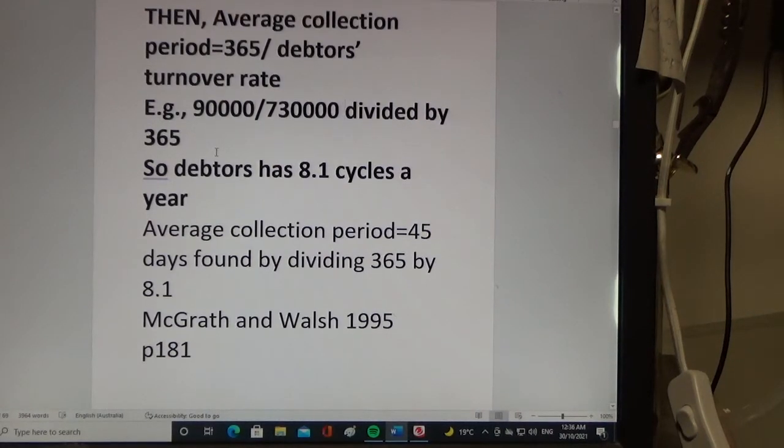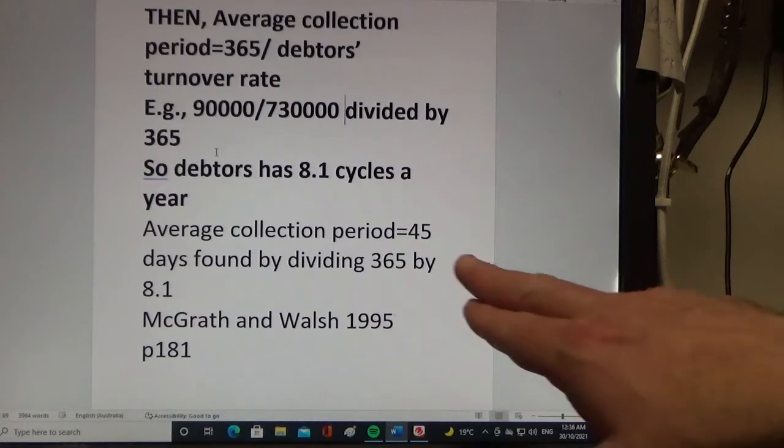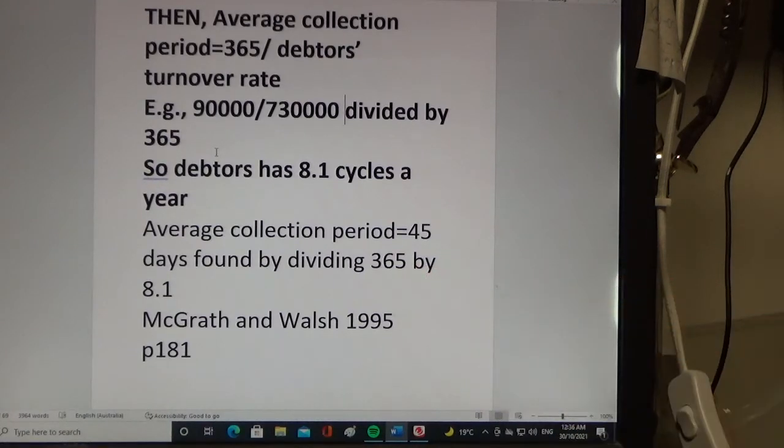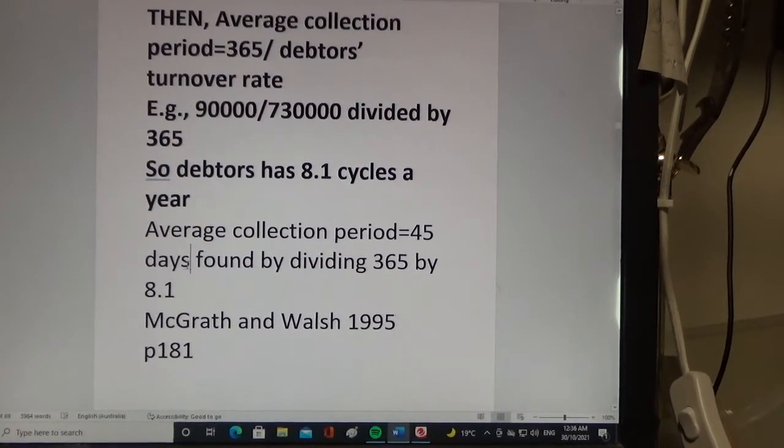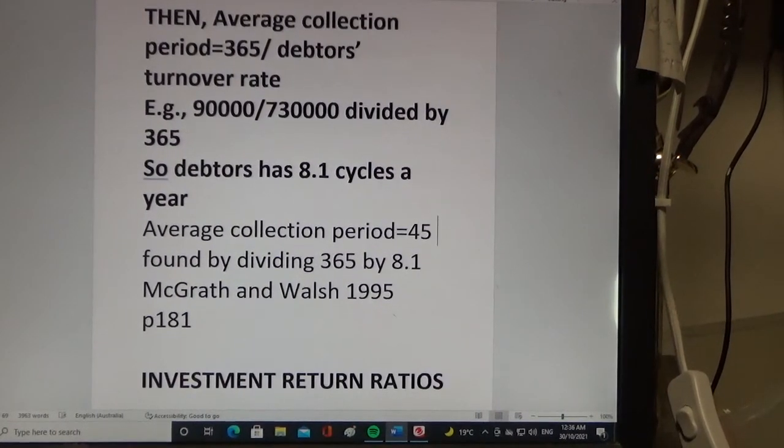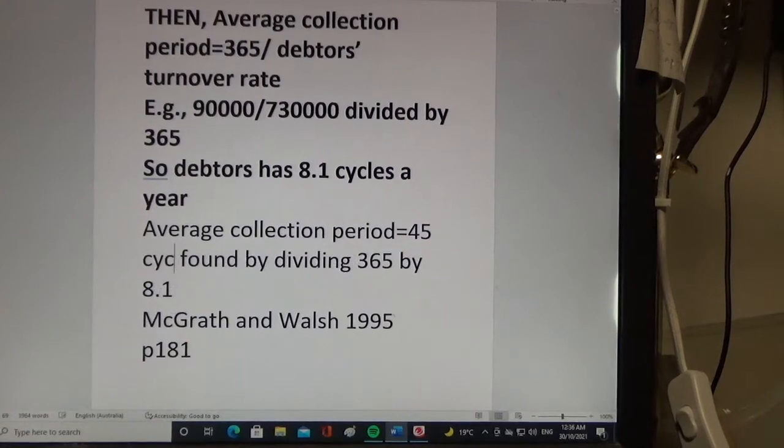So find that first, the numerator, divided by 365. That gives you 2,000. So 90,000 divided by 2,000 is 45 cycles. That's actually not days, it's cycles, cycles of debtors repayment.